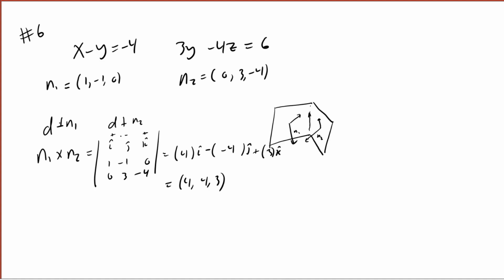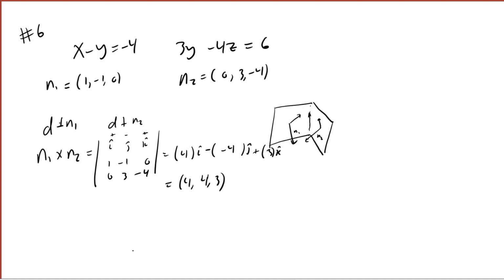Here I have minus 4. Here I have 3, minus 0. So this is my direction vector.